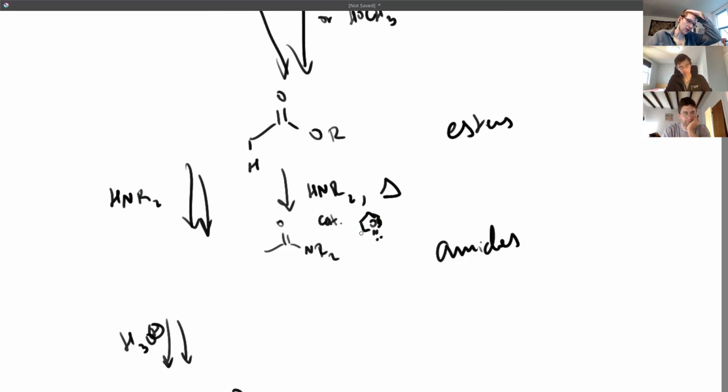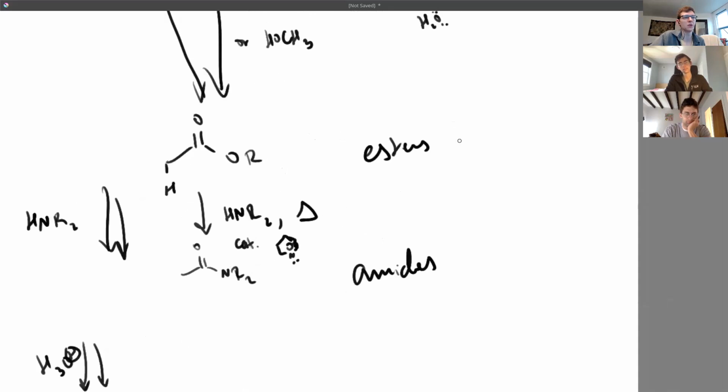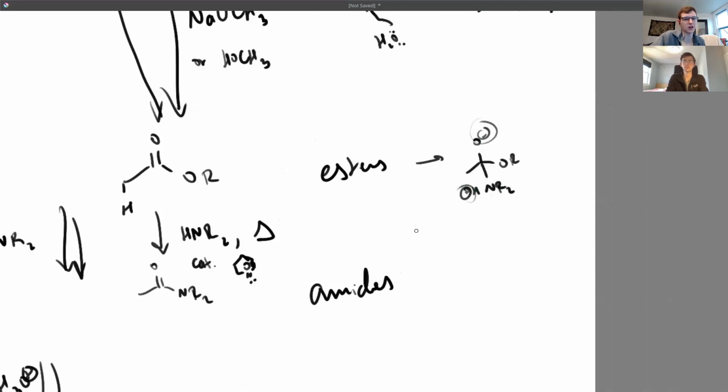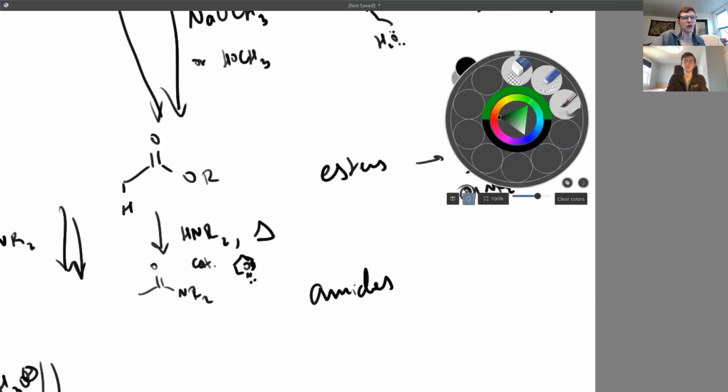This is a nice base because during the mechanism at some point you're going to, no, maybe you don't actually, right? I was trying to think about the mechanism. What you might have is an O- here, OR, something like this. I guess you want it under either acidic or basic conditions so that this doesn't happen, because you don't want this minus or plus. Probably acidic, so that way you protonate here.